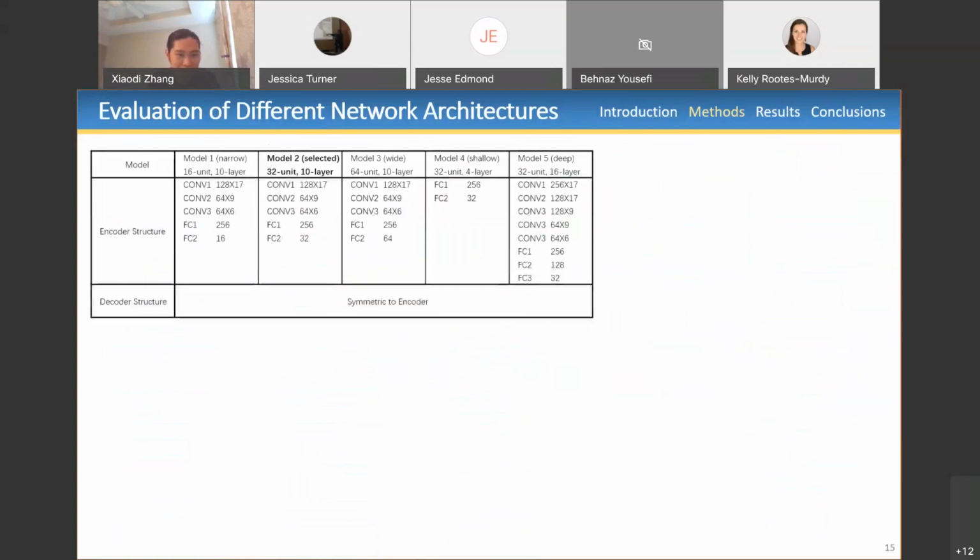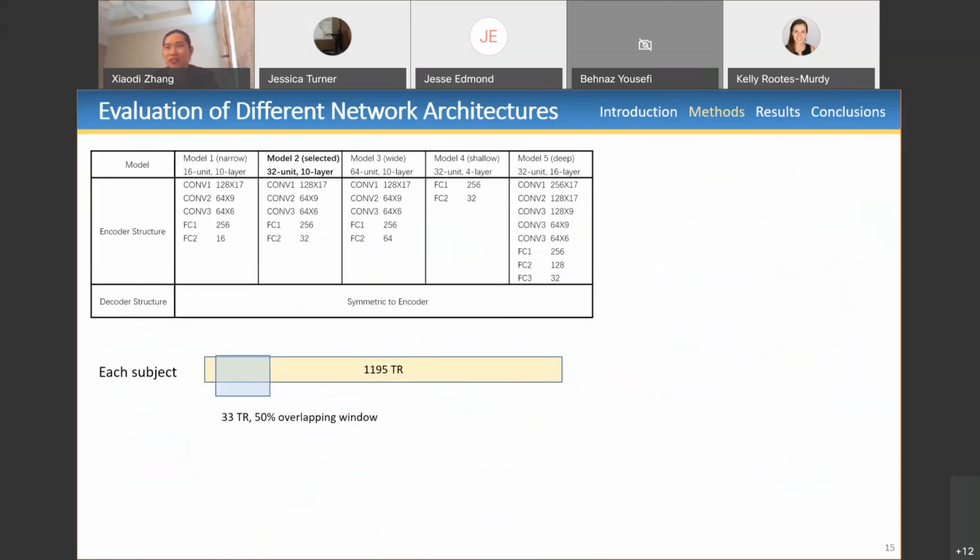For each subject, we have around 1200 time points. The way we prepare our data is to apply a sliding window with 50% overlap, so each subject gives you around 73 segments.